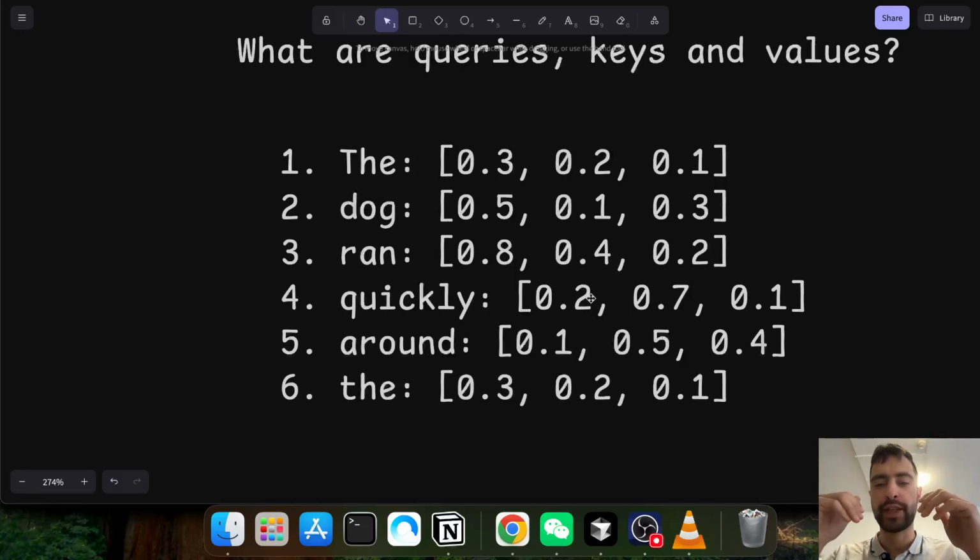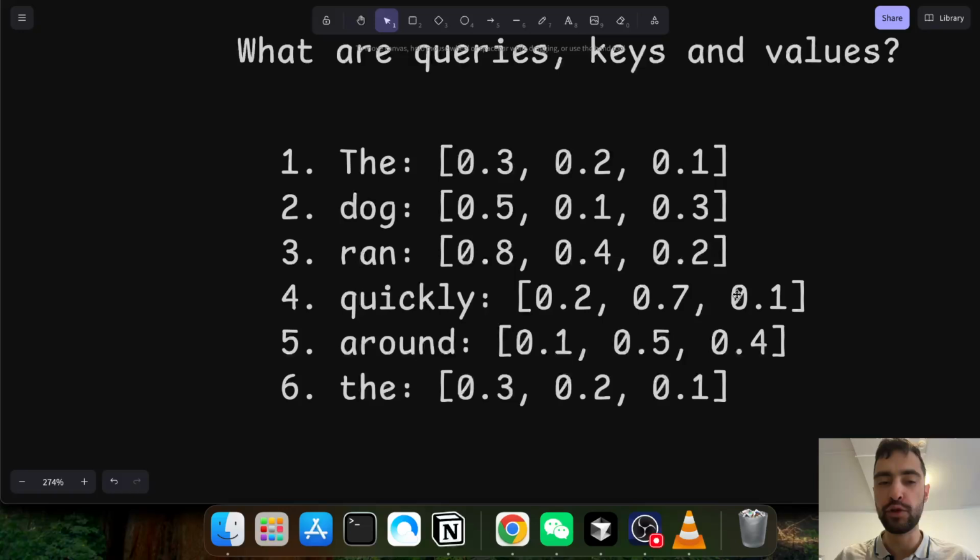So we want to generate some other vector that's going to be query, and what it will do is it will explain to other vectors what kind of context this quickly vector is looking for.